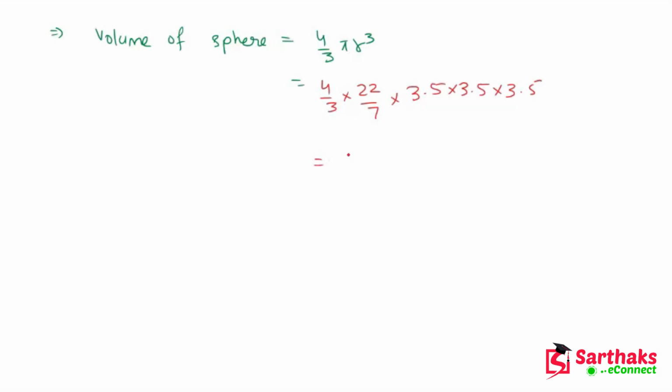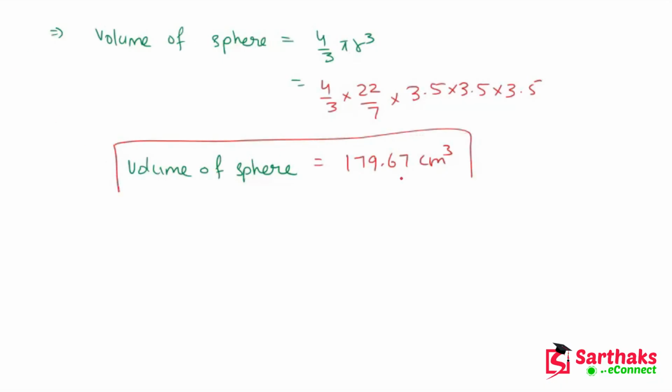After solving this we get 179.67 centimeter cube. So this is the volume of the sphere, and this is the answer of this question. Okay, so now let's move on.